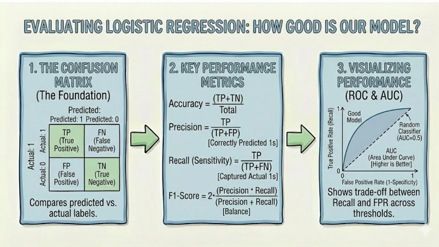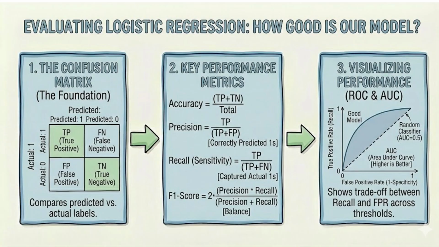Now, the main question is, once we have our model trained, once you have done multiple iterations and found all the required weights and biases, how do we evaluate it? Evaluating the model is really important, and we have several metrics for that.